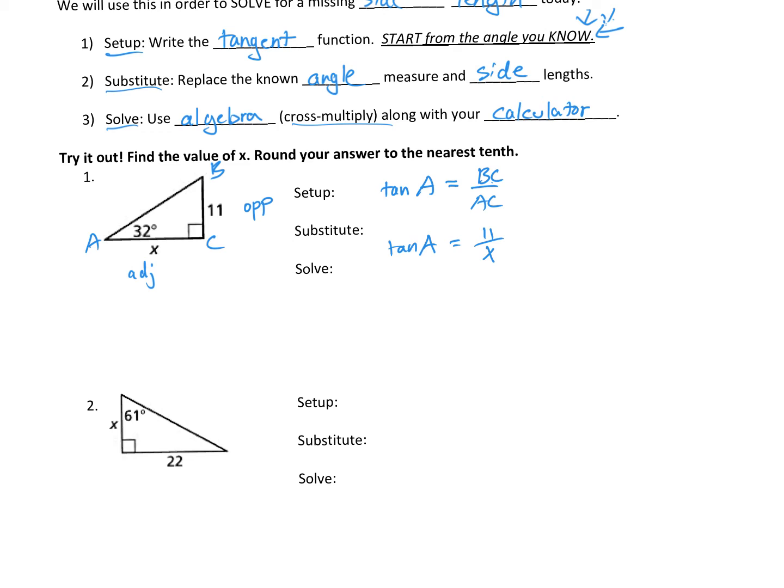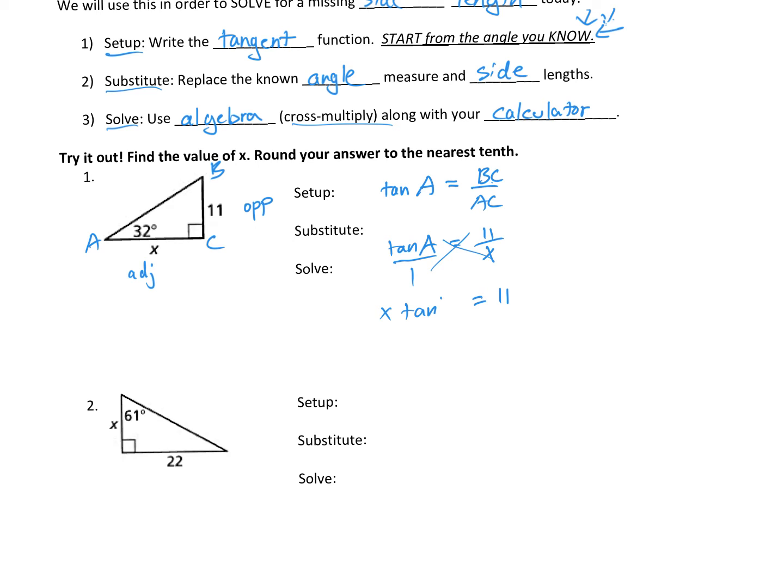If there is nothing underneath the tangent of A, we assume that there's a 1. So now we can cross multiply to solve. So x times our tangent of A must equal 11. Then to solve, our tangent of A is, we can replace that.